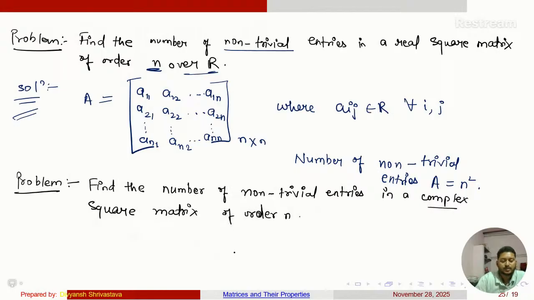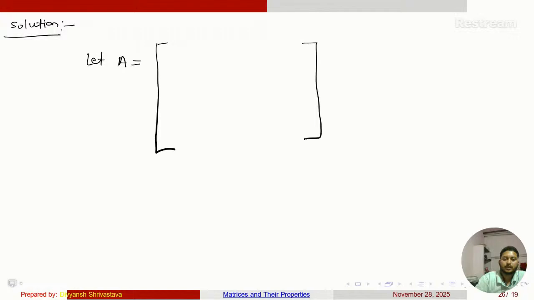So basically I am going to represent these matrices. Now come to the next slide, which is our solution for this problem. The solution is: let some matrix be in complex form. It is a very big entry, which you will see on your screen.